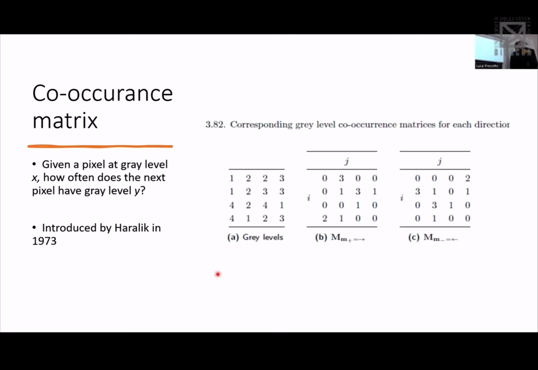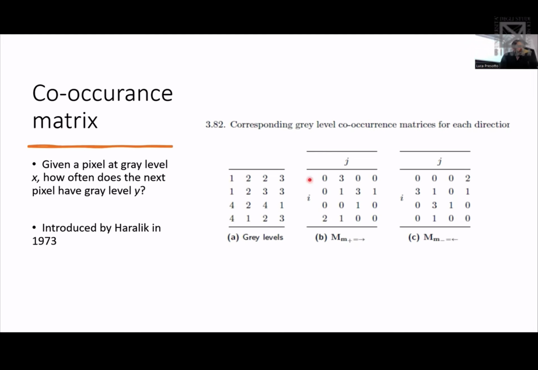So what they invented was really lots of metrics to try to describe the pattern present in an image. One way was to take an image, this is 4 levels of grays with 4 by 4 pixels, and count how often, if you have a certain intensity in one pixel, the pixel on the right has another intensity.